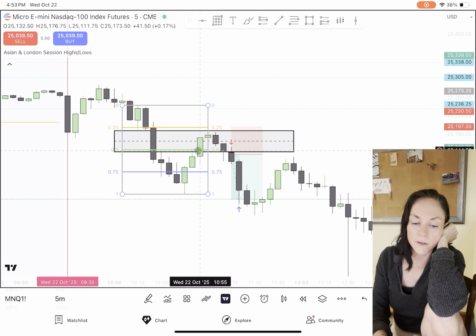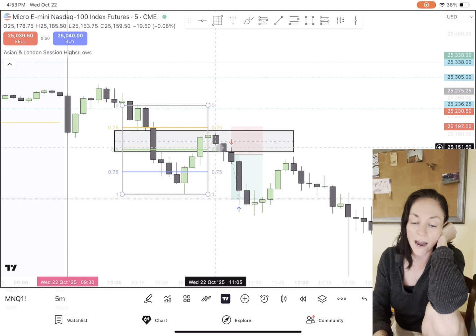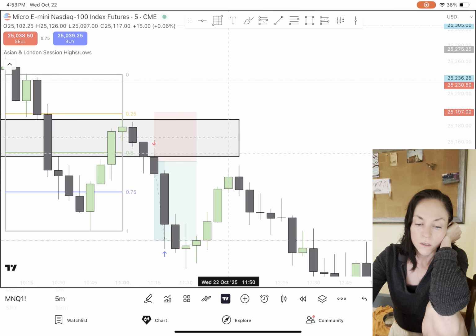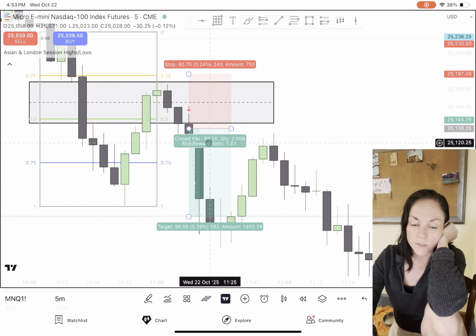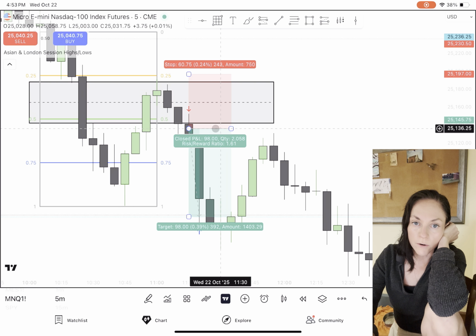So price comes up into this fair value gap, this bearish fair value gap, respects it, also comes into equilibrium, starts moving out of equilibrium. Okay, so that is good. And now what I did was I waited for price to exit this area out of equilibrium and out of the fair value gap.